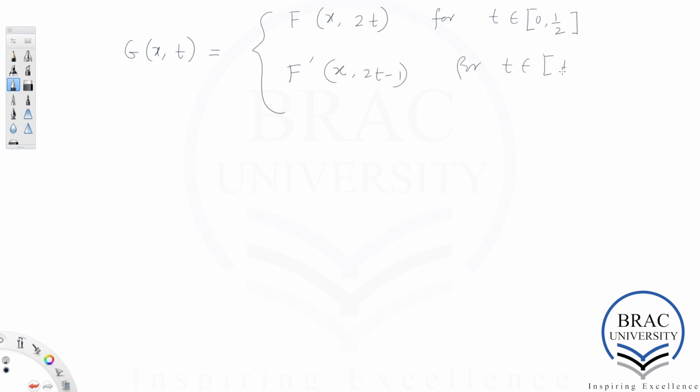So G was defined using this formula: F of x comma 2t for t belonging to this interval, which is of course a closed interval in 0 comma 1, and G of x comma t is defined as F prime of x comma 2t minus 1 for t belonging to 1/2 to 1, which is also a closed interval in 0 comma 1.